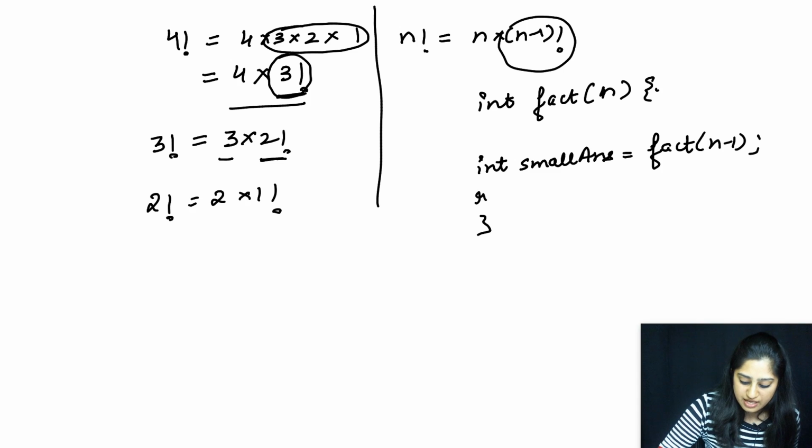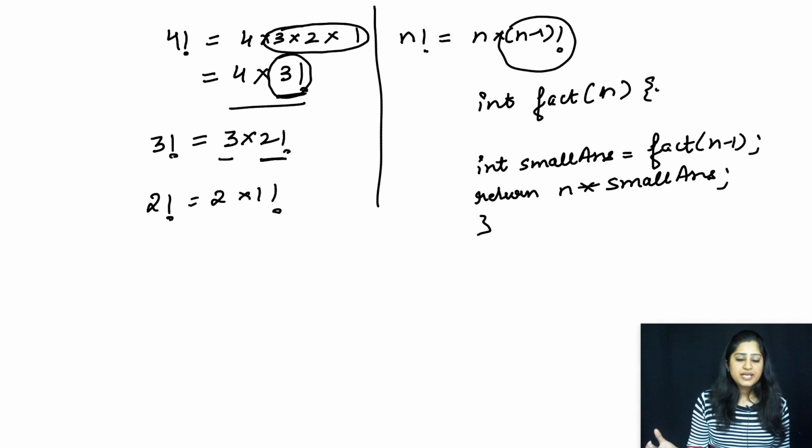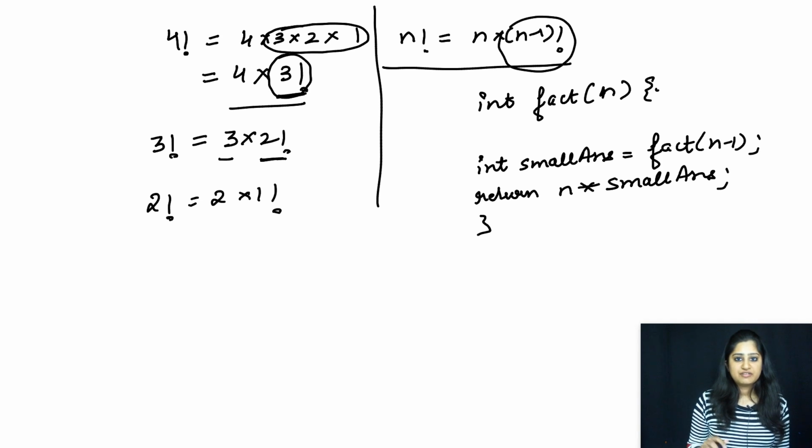Once I have this, I should be able to figure out the final answer, that is n multiplied by the small answer. What was the small answer? The small answer was factorial of n minus 1. So exactly the same logic that we thought of, I am just writing the code for it. This was the logic we thought of. Now we are done with the code.